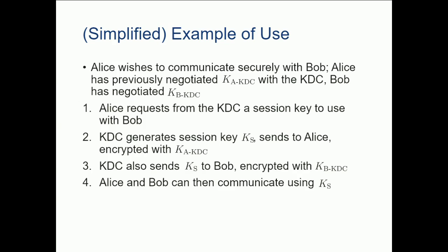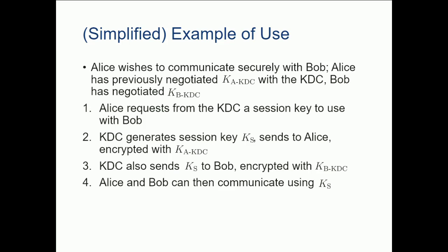We'll discuss the KDC in more detail later, but this is a very simple example of using a KDC for authentication. We'll revisit this protocol later. The assumption is that Alice wants to communicate securely with Bob, but they have never met before.